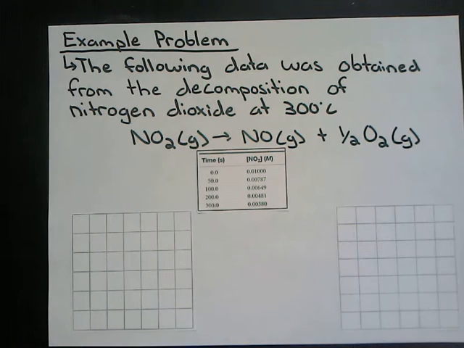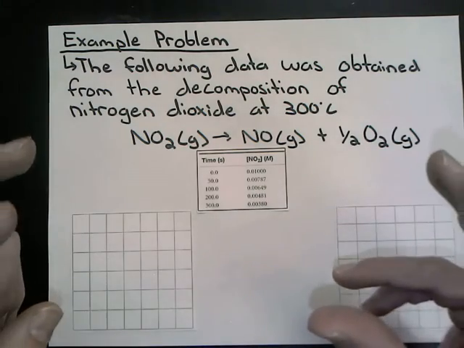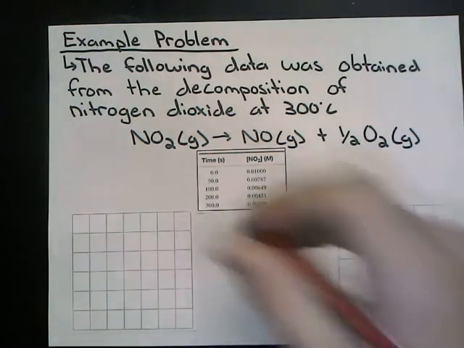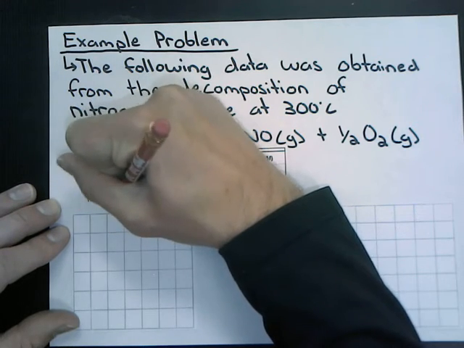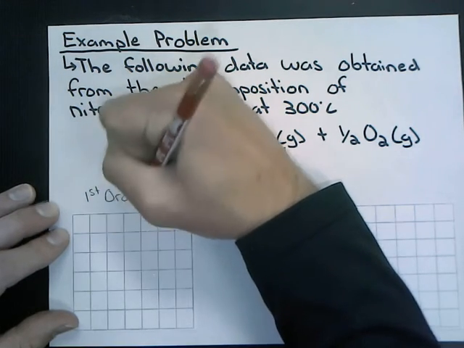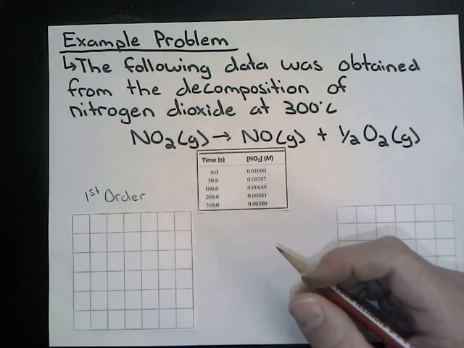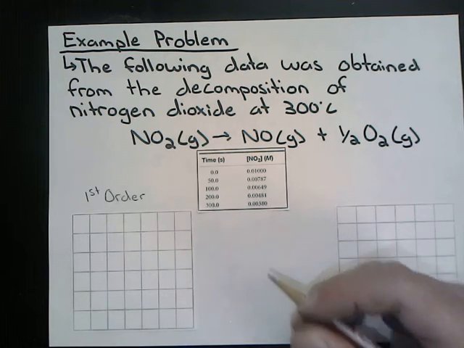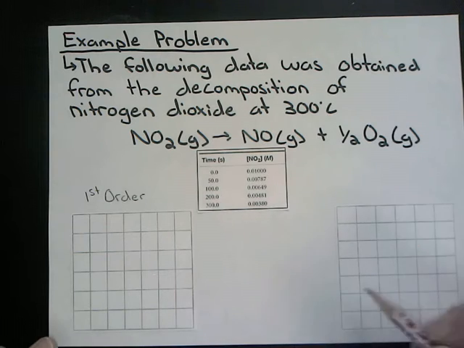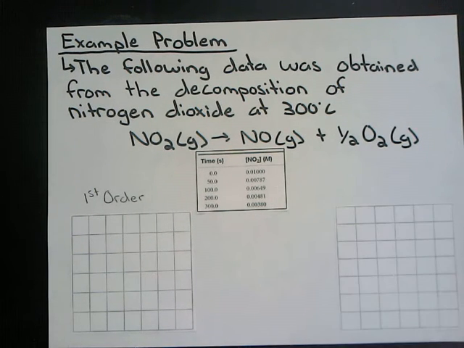So what we're going to do first is get the first order reaction graph. And remember, if this first order reaction graph is a straight line, then that means that the reaction is first order overall. If this graph over here gives us a straight line, it's going to be second order.